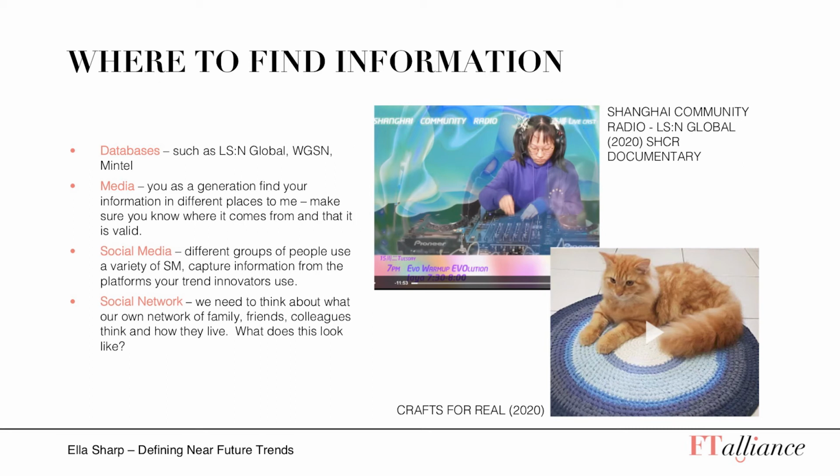And finally, we have got social networks. So we really do need to think about our own interactions and networks. Don't dismiss them. They are as relevant to your ability to record trends as more formal research sources. If you see patterns of behaviour, record them, but then also think about the context of where you've seen them.